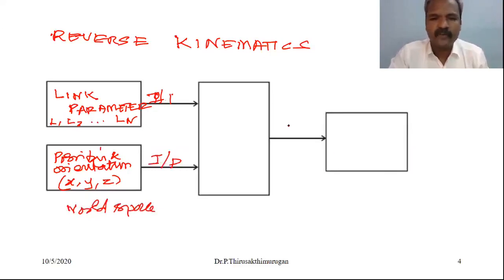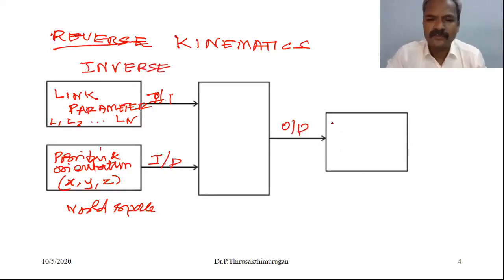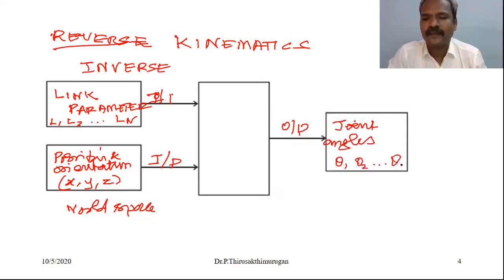So this is the output for reverse kinematics, or inverse kinematics. Here we have to estimate the joint angles, say θ1, θ2, etc., θn.